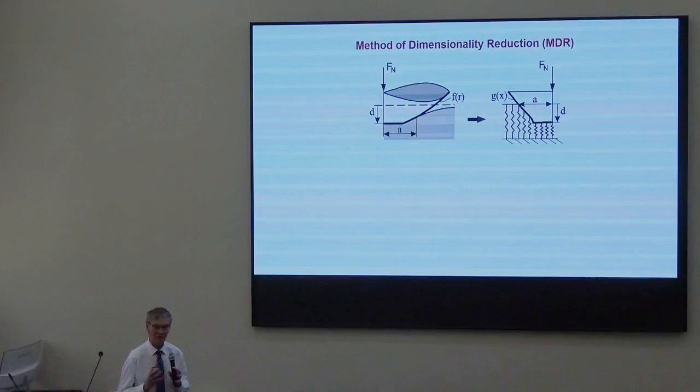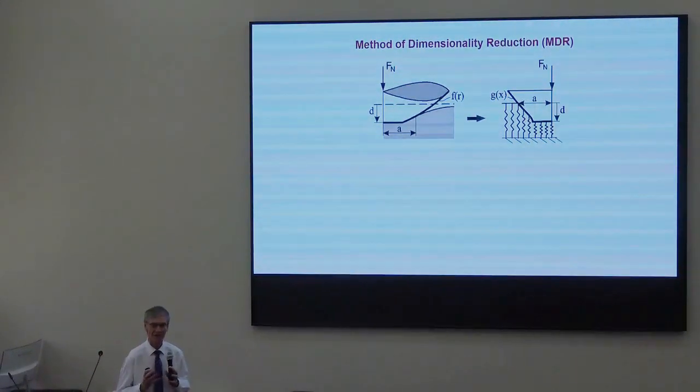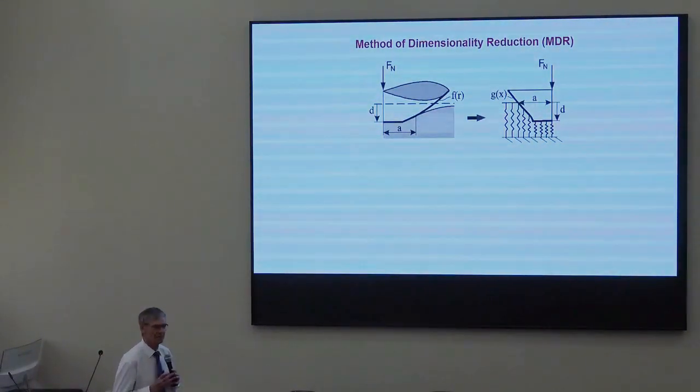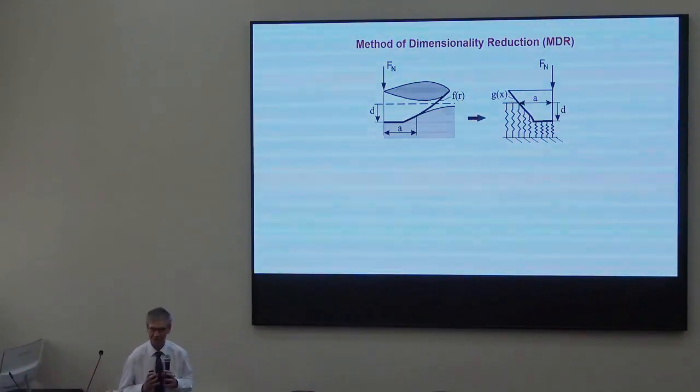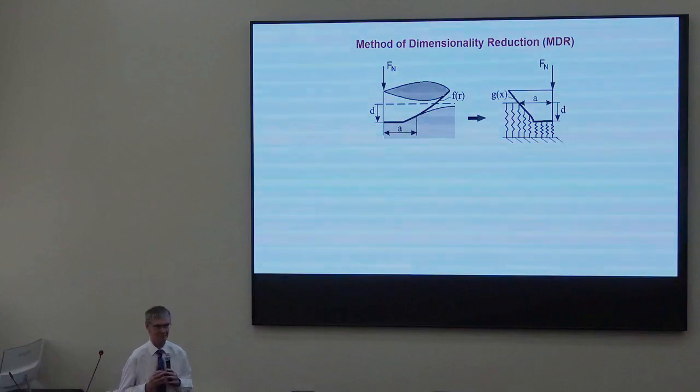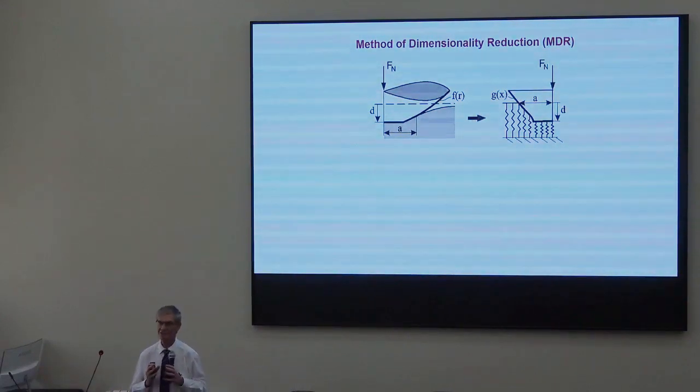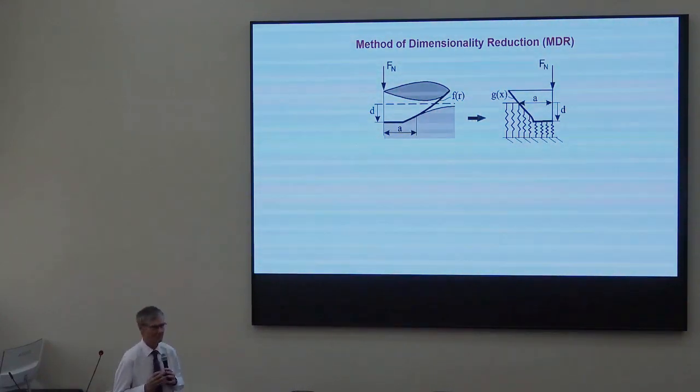We consider an axisymmetric indenter in contact with an elastic half space. It is not necessary that it is axially symmetric, but it is easier to start with axisymmetric profiles.